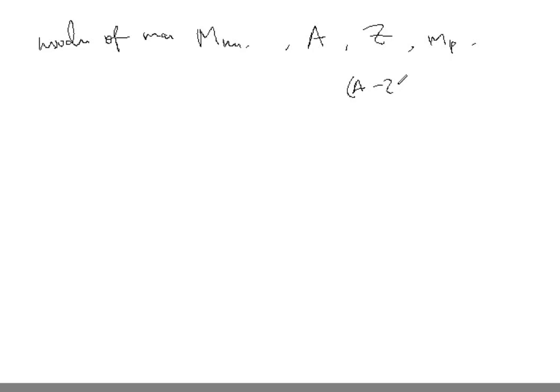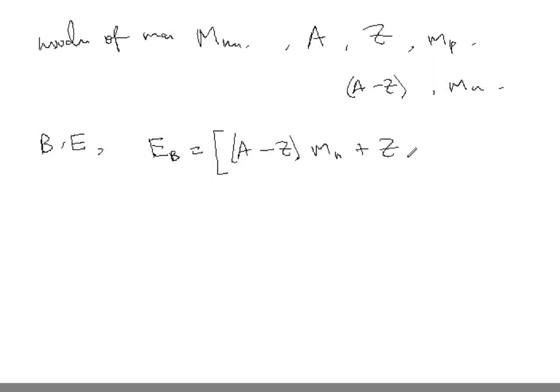Of course, A minus Z neutrons, and they have mass mn. Now, the binding energy is EB equals (A minus Z)mn plus Zmp minus m nuclear, into c².